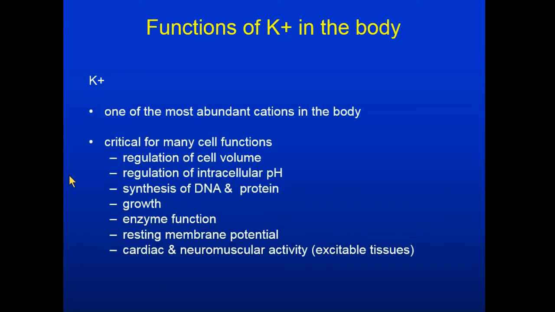Recall that even a slight change in the ratio of ECF potassium ion concentration to ICF potassium ion concentration can have a profound effect on nerve and muscle cells because this affects the potassium ion concentration gradient across excitable cell membranes, which in turn directly affects the resting membrane potential of these cells. Potassium ions are also necessary for several metabolic functions, as shown on this slide.